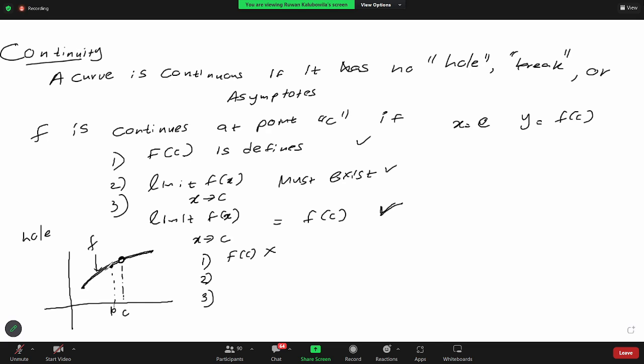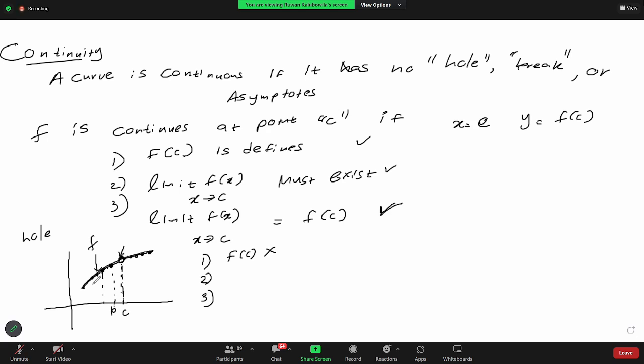Please understand this. At any point on this side or this side, no matter, there is a defined value. So that means at that point, this function is well defined. But at the point where we consider it, f(c) is not defined.